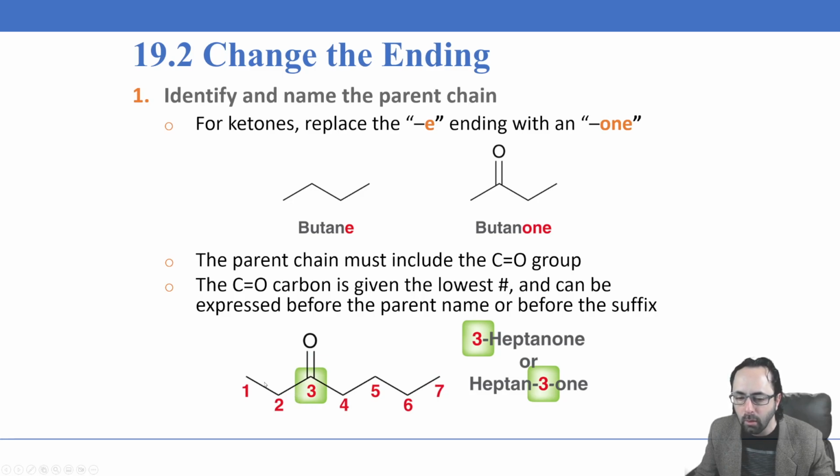And after that, we have assigned our locant. The parent chain has 7 carbons, so it's going to be heptan, hept for 7 carbons. The ending is going to be -one since we have a ketone, and the locant here is 3. So it's going to be 3-heptanone or heptan-3-one. Either of those are acceptable.